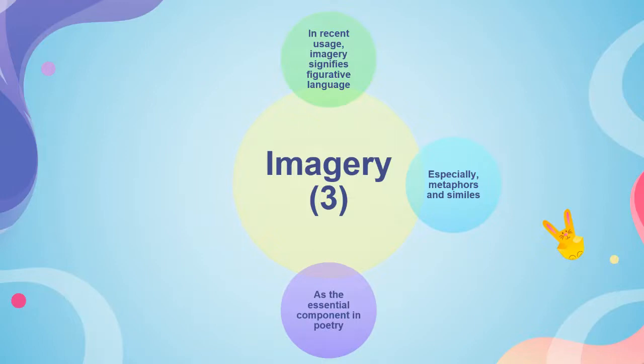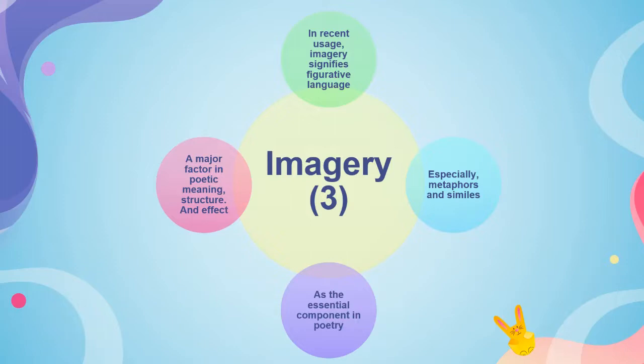Without these techniques or figurative language devices, the poem could not exist. A major factor in poetic meaning, structure, and effect. So it gives a poem its shape and its effect. So via the extensive usage of these devices, we can reach this goal.